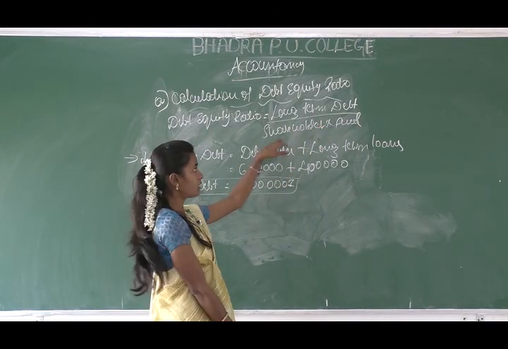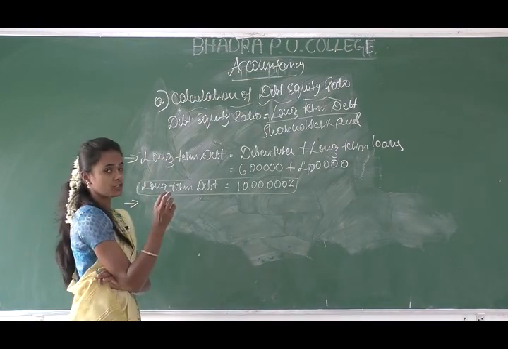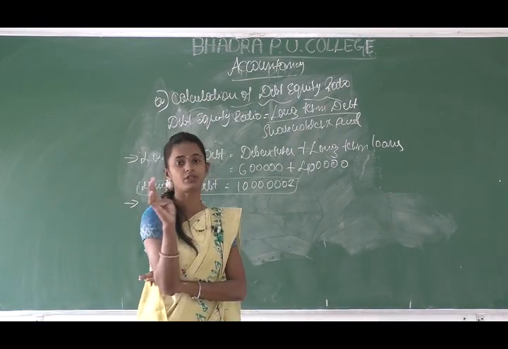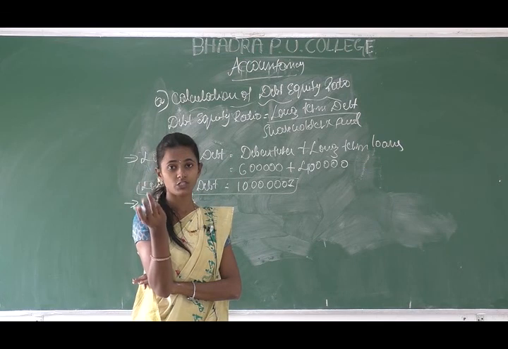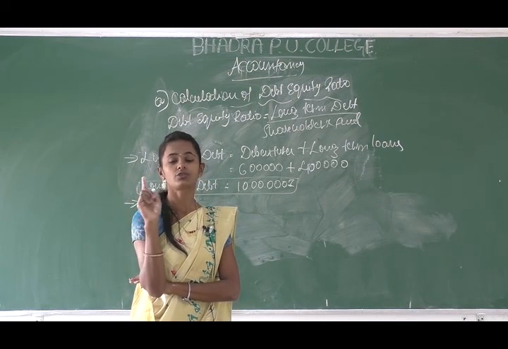Now we need the shareholders fund. Again we have a formula for the calculation of a shareholders fund, that is equity share capital plus preference share capital plus reserves and surplus minus fictitious assets.